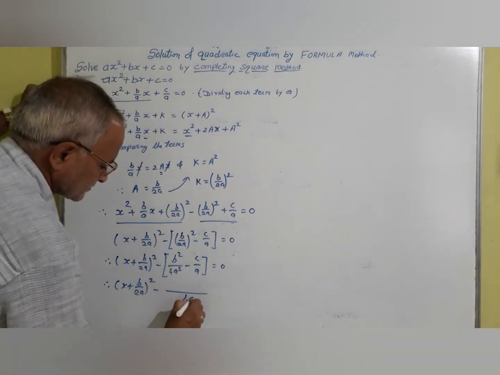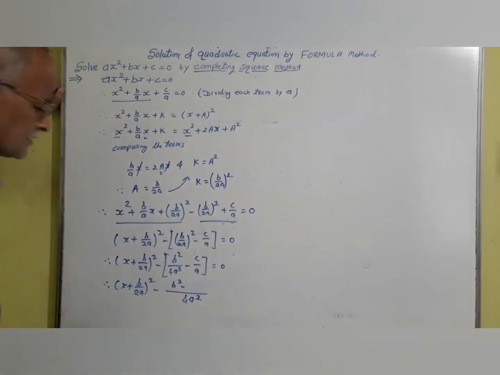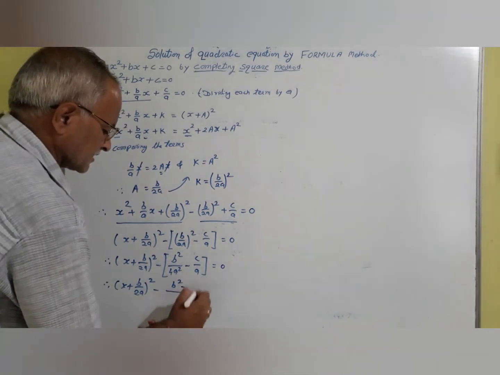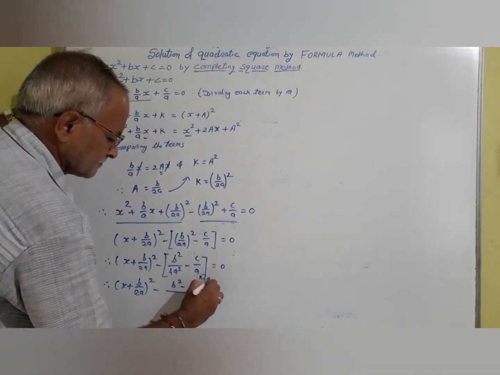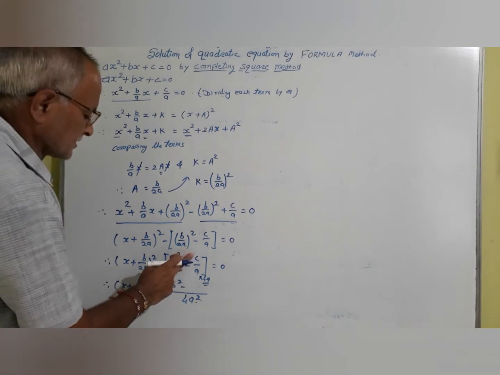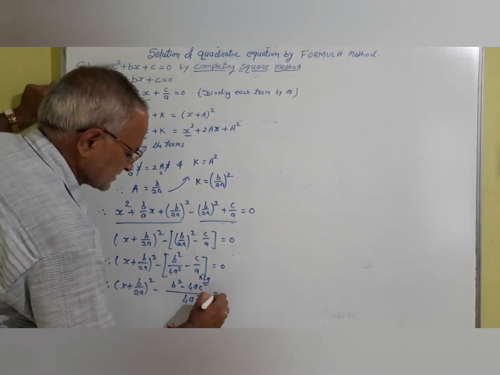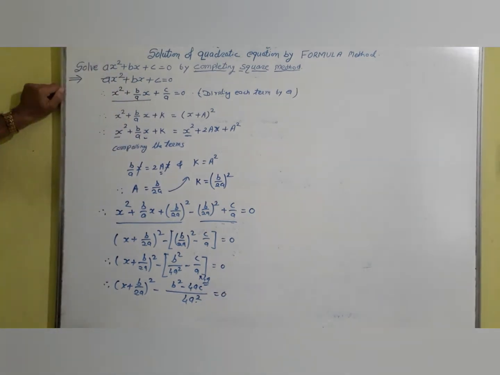Their LCM is 4a square in numerator b square minus. Here to make the denominator same, we have to multiply it by 4a. So 4a here multiplied in numerator at 4a multiplied by c, 4ac is equal to 0.